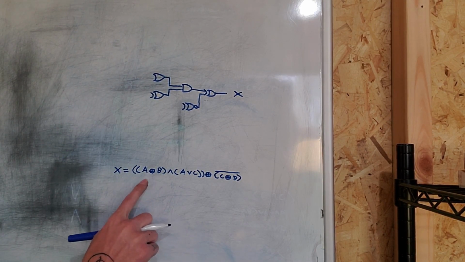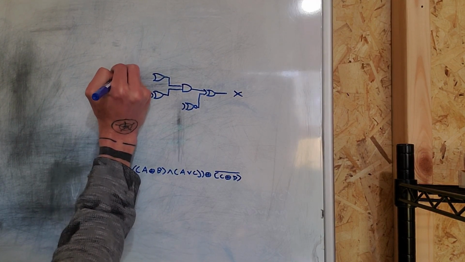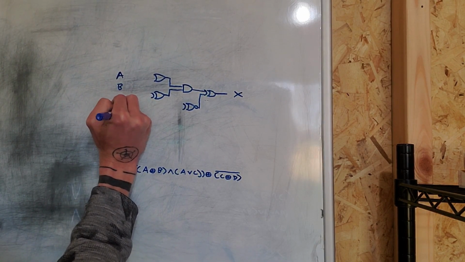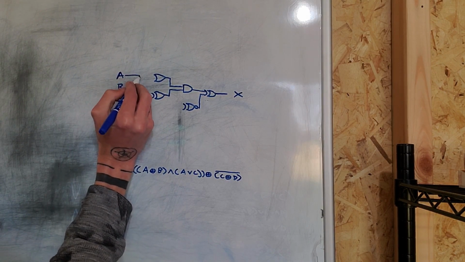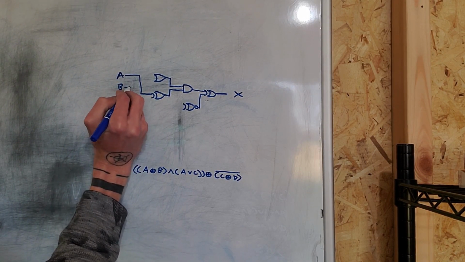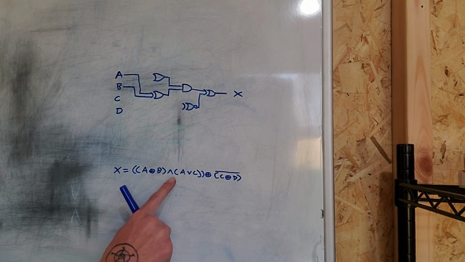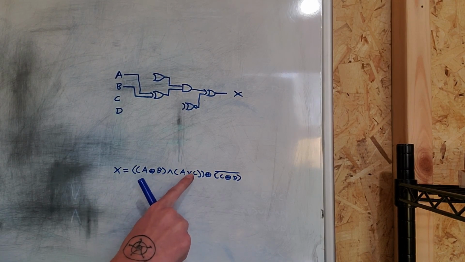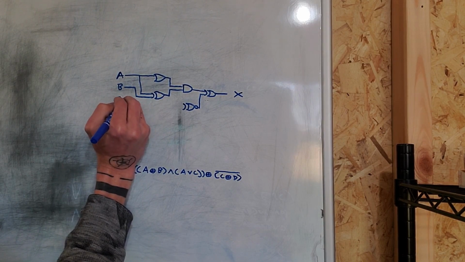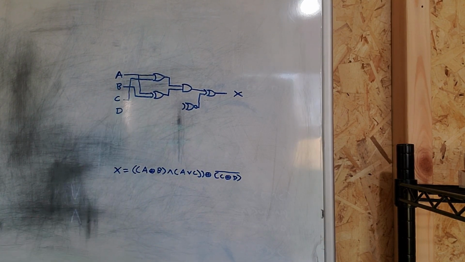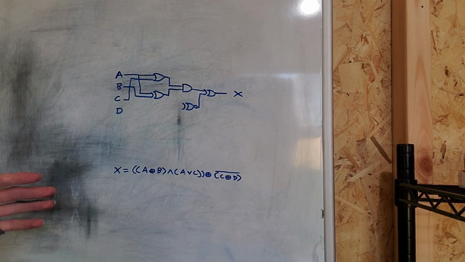Since this first function is A XOR B, we can say A, B, C, D, and we could do A XOR B, and then we have A or C. Now these lines just crossing each other means that they're not connected.